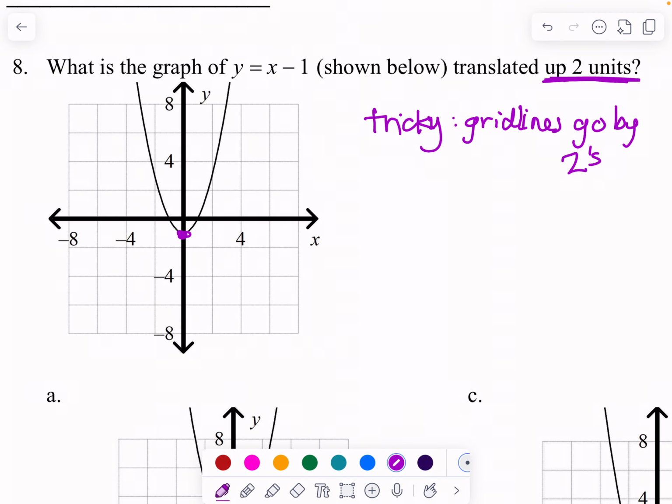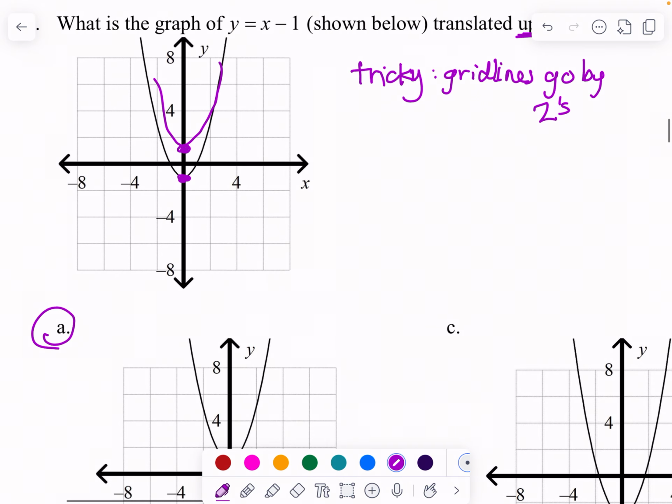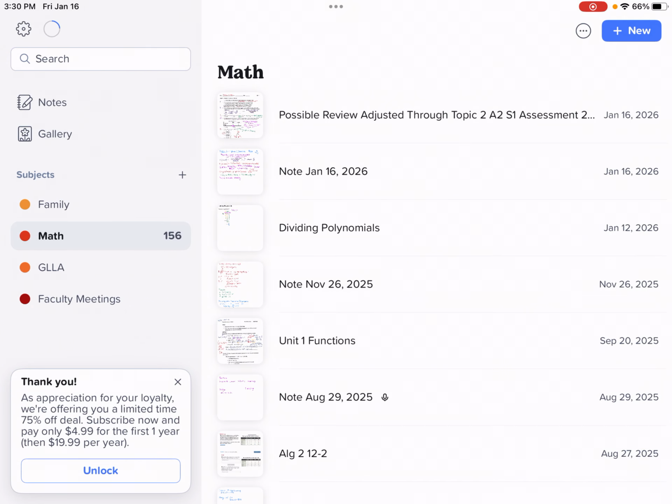So if we were down here at -1 and we went up 2 units, we're going to be at +1. The only one that matches that graph is A. So that's the main thing I would need to remember, is it just goes up 2, and beware the grid lines.